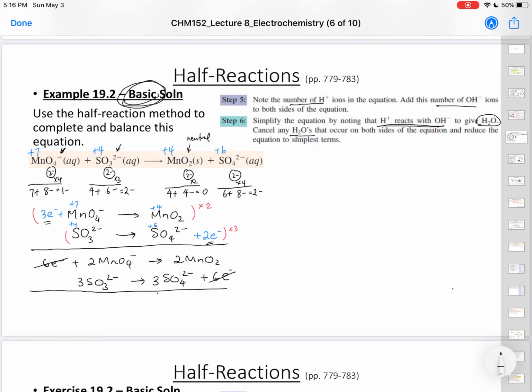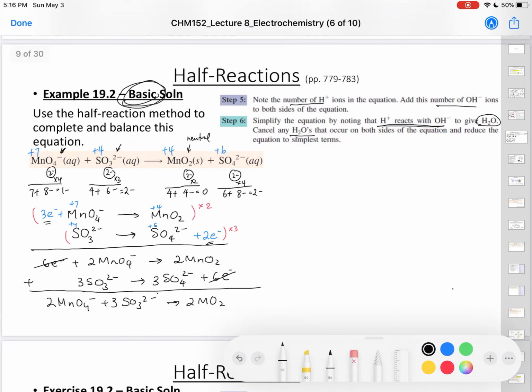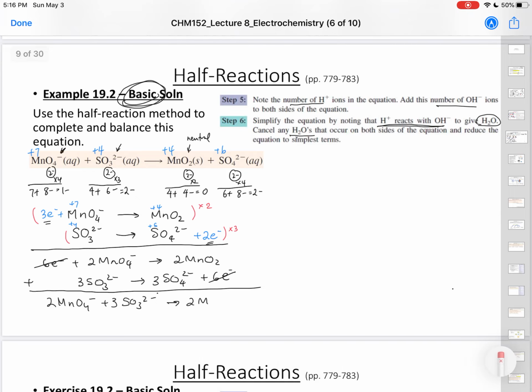So I'm going to bring everything back down and add everything. I get 2MnO4 minus plus 3SO3 2 minus gives me 2MnO2 plus 3SO4 2 minus.